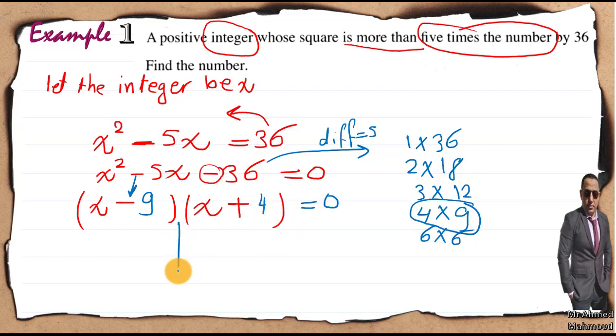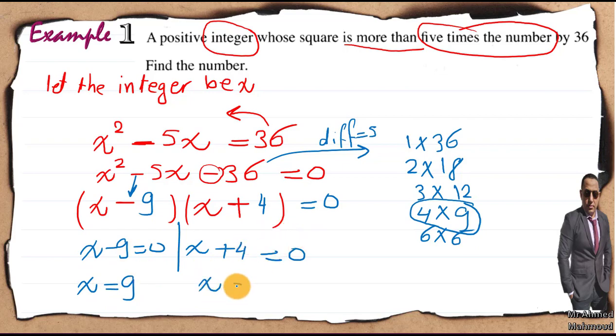Now I'm going to separate the two brackets: x minus 9 equals 0 and x plus 4 equals 0. Now I'm going to send minus 9 to the right, so x equals 9. Now I'm going to send plus 4 to the right, so x equals negative 4. Okay, 9 and negative 4.